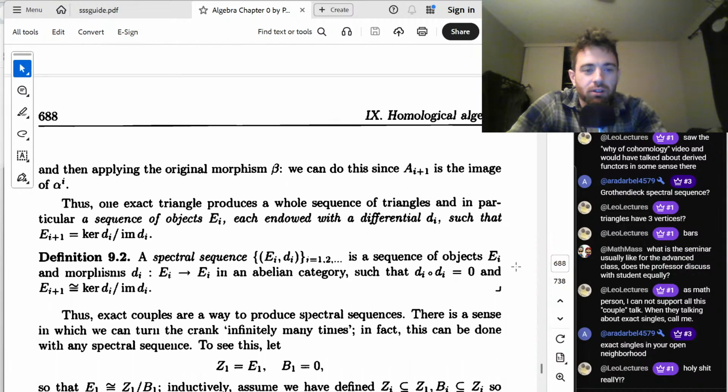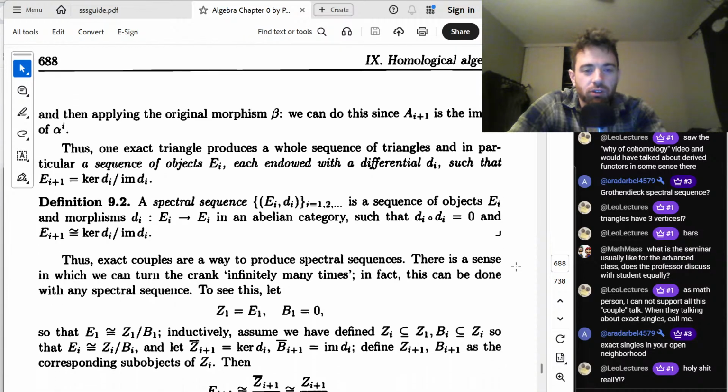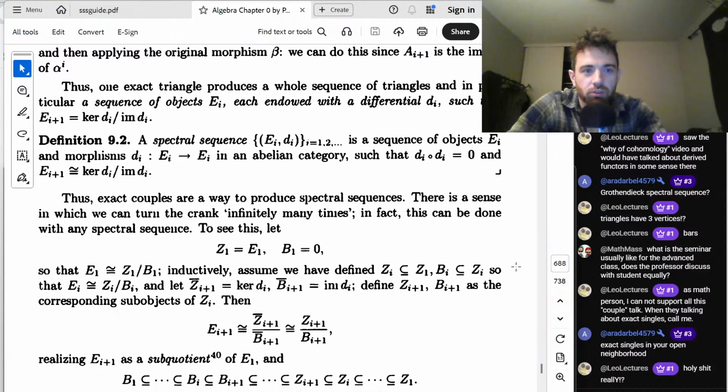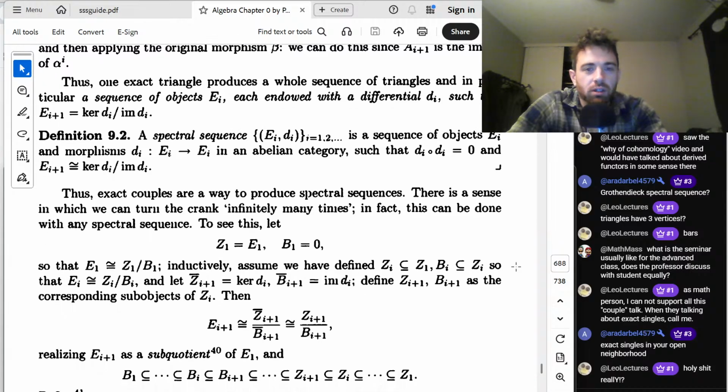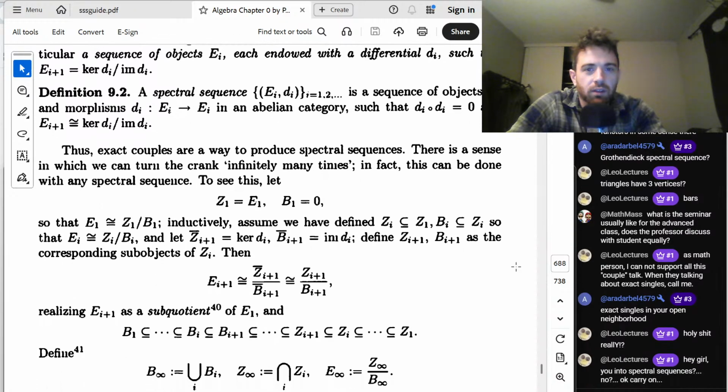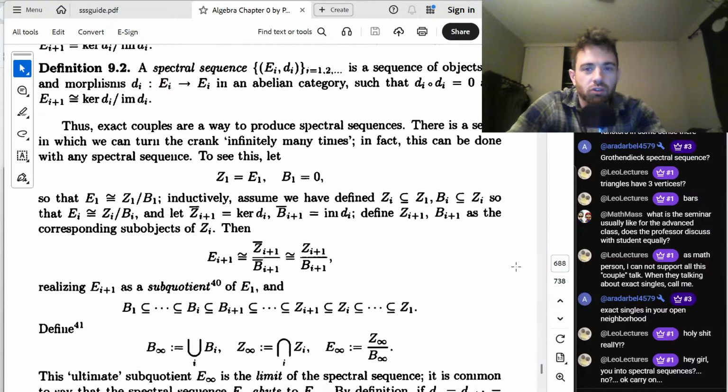Thus one exact triangle produces a whole sequence of triangles, and in particular a sequence of objects endowed with a differential. Definition 1 from Aluffi: a spectral sequence is a sequence of objects and morphisms in an abelian category such that that is true.